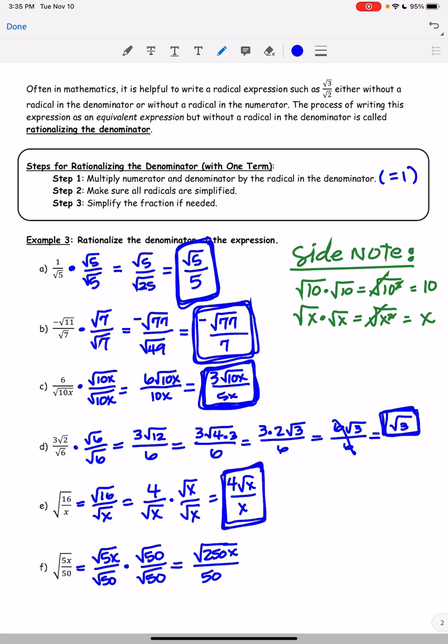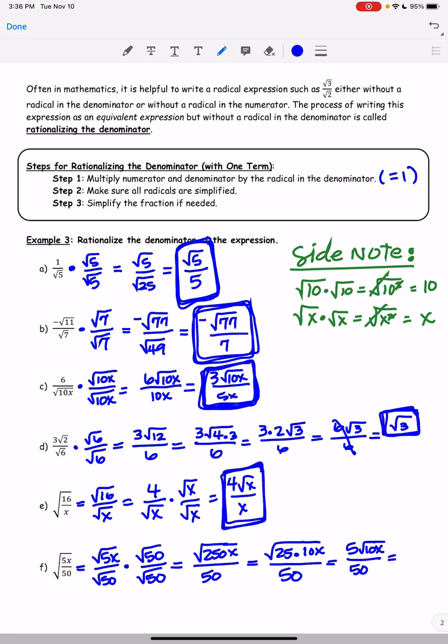We can simplify square root of 250. That is the same as 25 times 10x. Okay, that's my biggest perfect square root that can divide into 250, over 50. The square root of 25 is 5. And then I can simplify this.